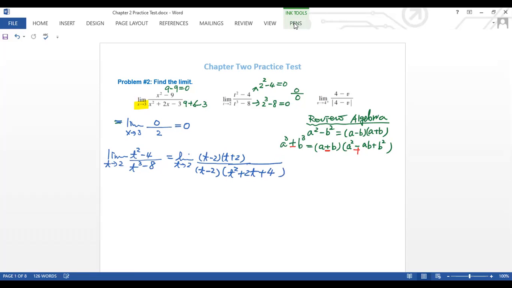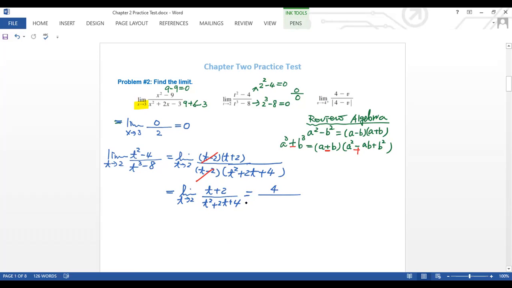Okay, now you say, oh, that's good, I have a t minus 2 on top and bottom, and I can cancel. So what I have is the limit as t approaches 2 of t plus 2 over t squared plus 2t plus 4. Now let's put the value in. 2 plus 2 is 4.